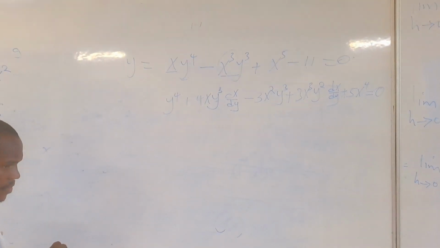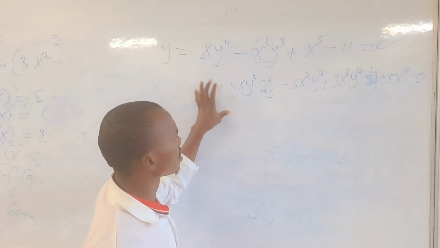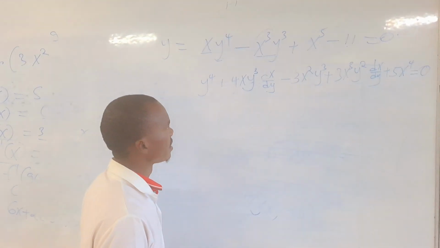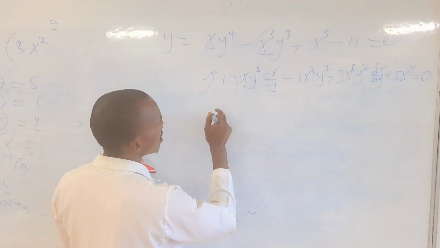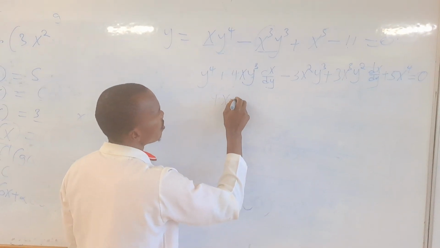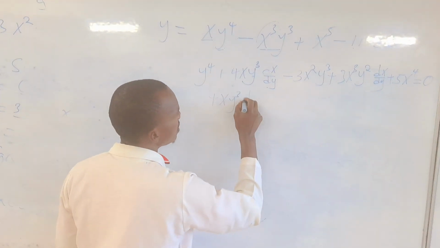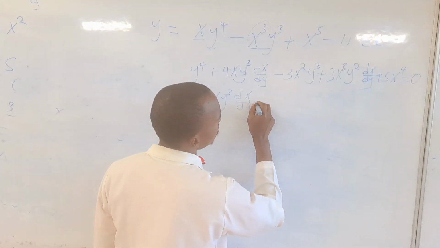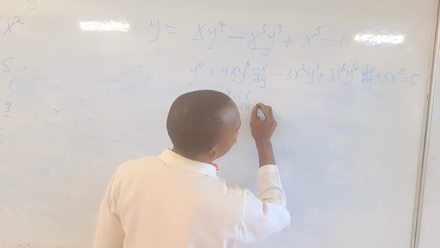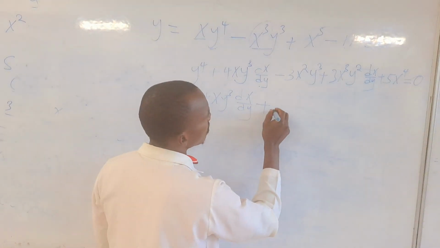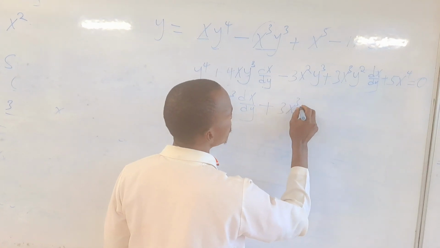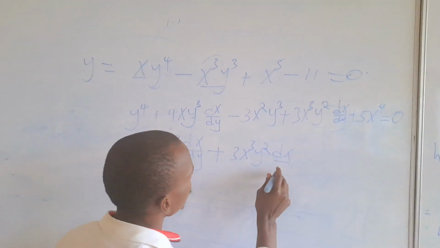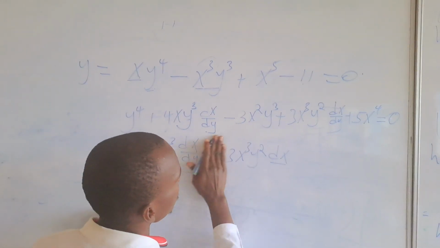Then from this one, the one without the dy dx we take to our right hand side. So this side will remain with 4x y cubed dy dx minus 3x cubed y squared dy dx.